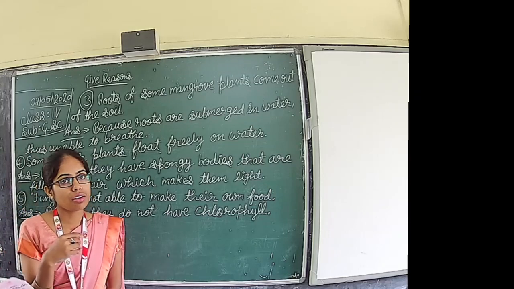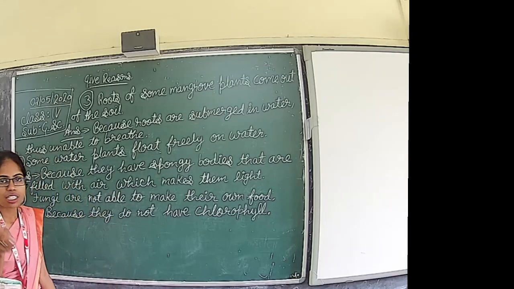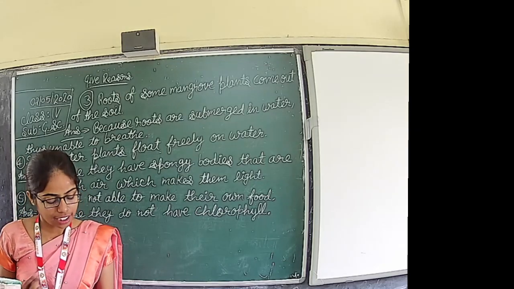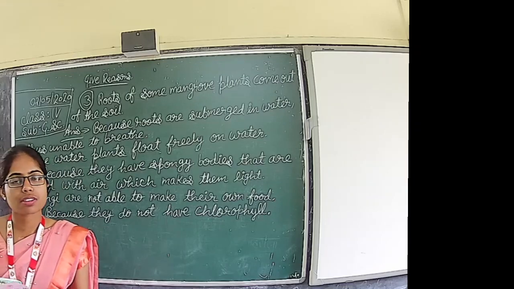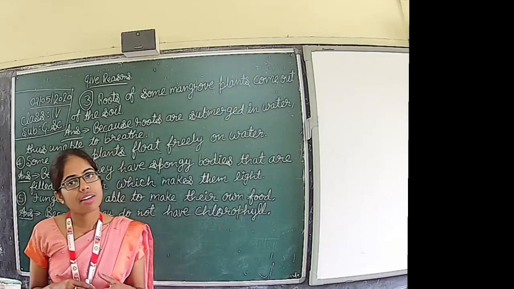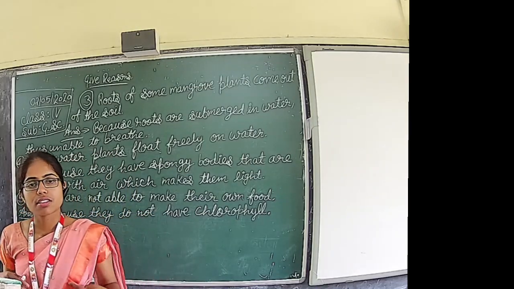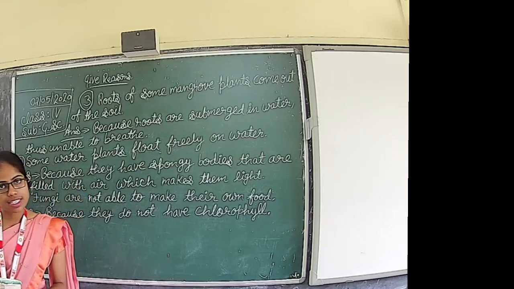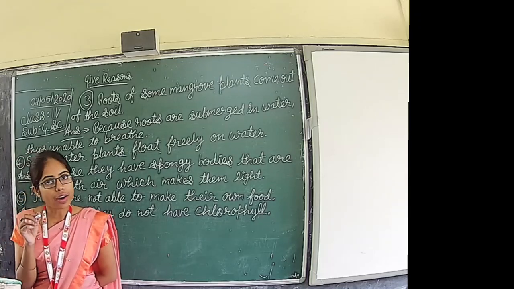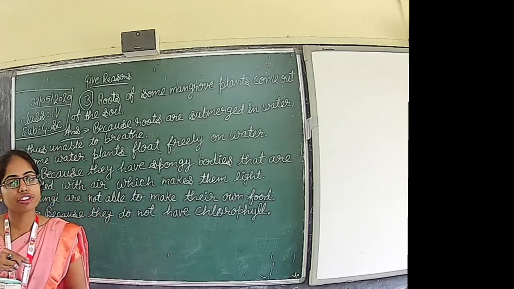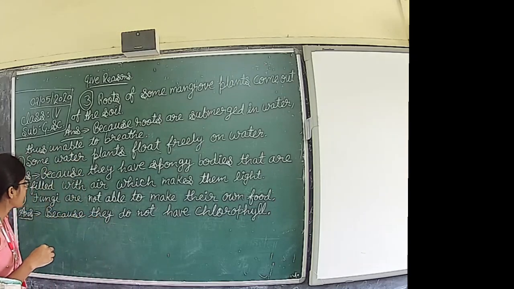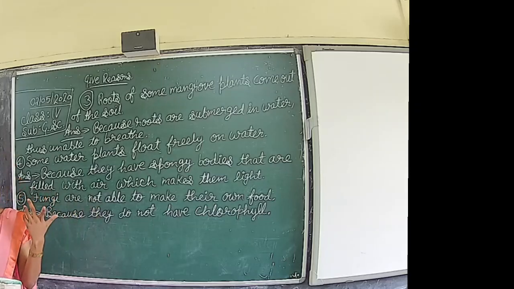Plants can make their own food, and that's why they come under the category of autotrophs. In the next class you will study about autotrophs, heterotrophs and several other things, and you will study that autotrophs are the organisms which can make their food themselves. Fungi are not able to make their own food.